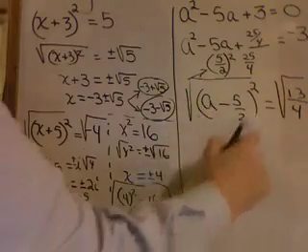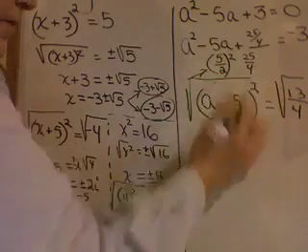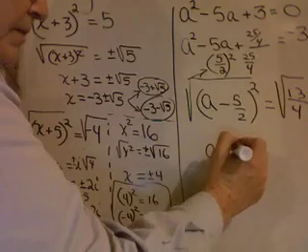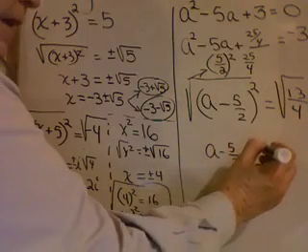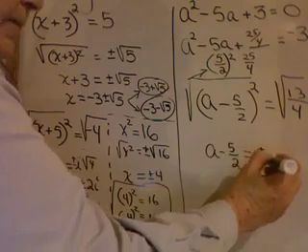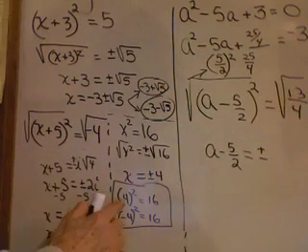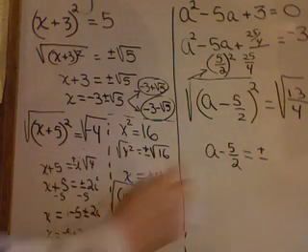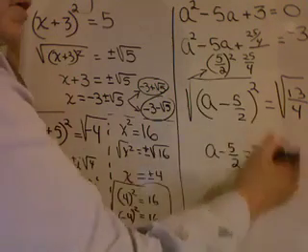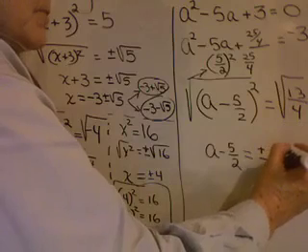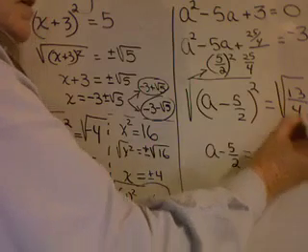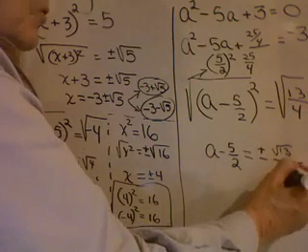Now, the square root of this quantity squared is a minus 5 halves equals. Now remember, I have to put plus or minus because I don't know if the original was a positive or a negative, so I have to account for both. And when I take the square root of that, I'm going to separate. Square root of the top is square root of 13. Oh, I can do the square root of 4. That's 2.